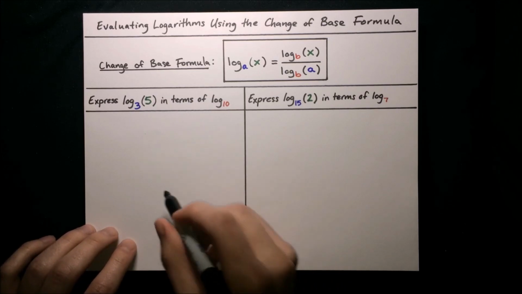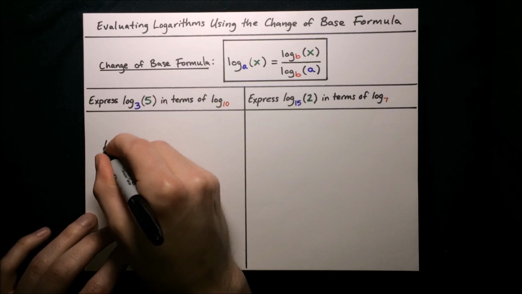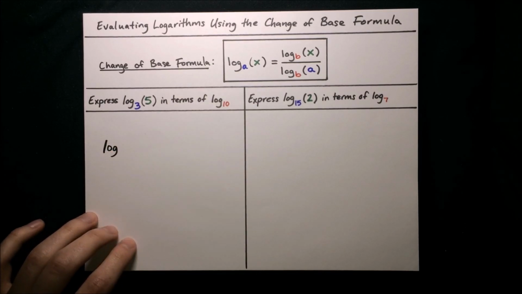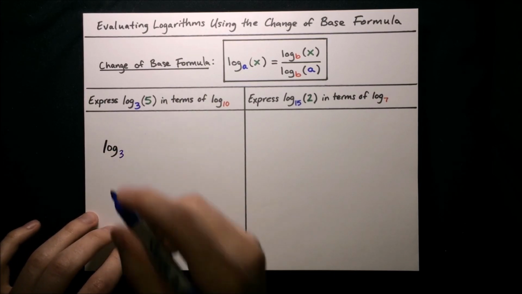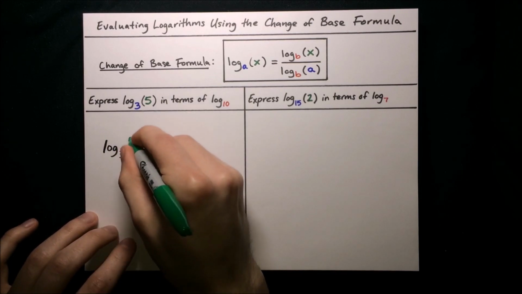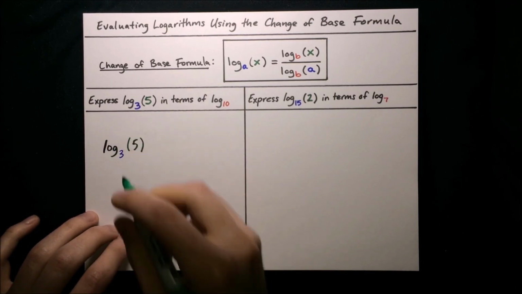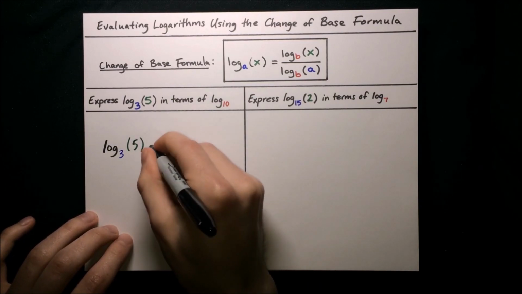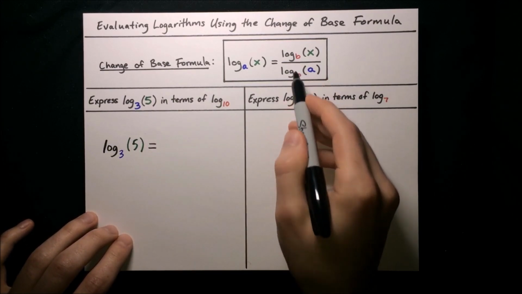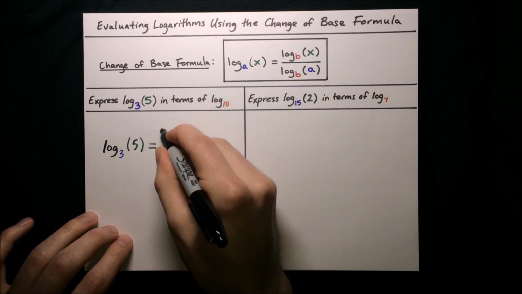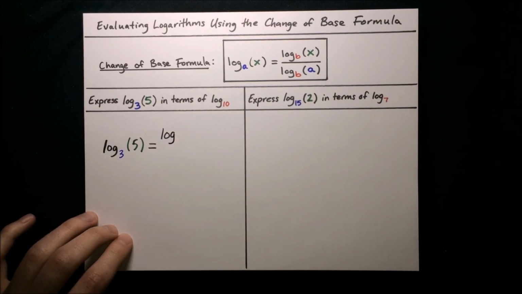So let's go ahead and write this down on the left-hand side. Log base 3 of 5, and we want to write that in terms of log 10. So looking at our change of base formula, that's just a ratio of two logs. We'll choose log base 10 for both of these two logs.